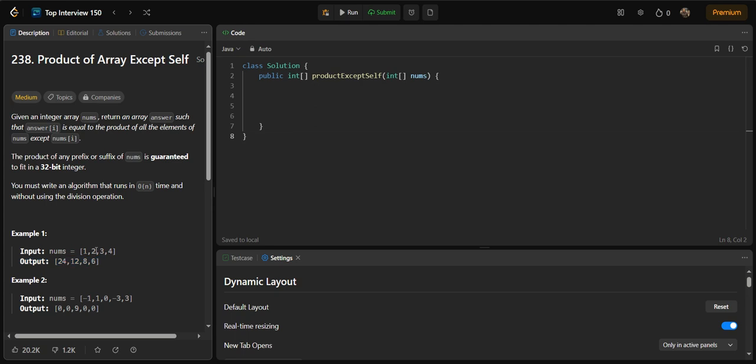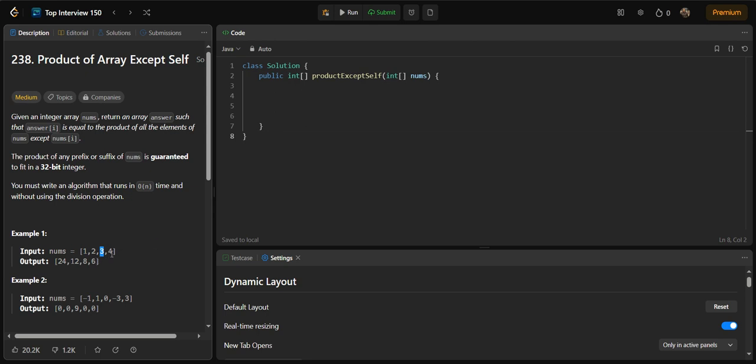Now for the second one, you just forget about this one, and then keep multiplying the other elements. So 4 into 3 is 12, and then 12 into 1 is 12, that will be 12. For the third one, it will be something like this, 4 into 2 is 8, and then 8 into 1 is 8. Likewise you can obtain the 6 also.